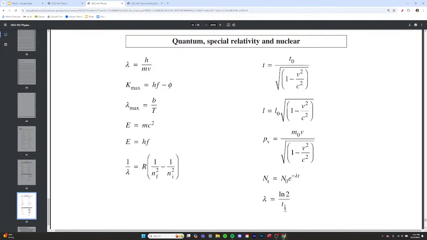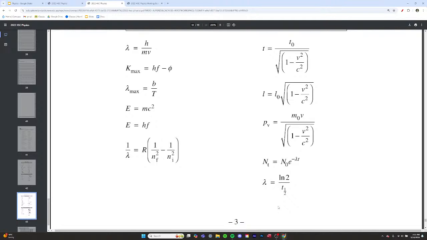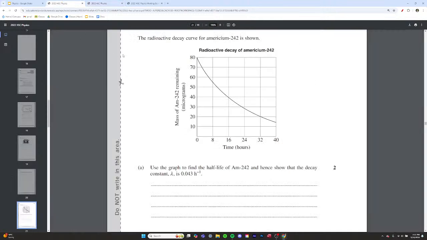Why is there a half? ln2 over 16 hours, which is 16 times 60 times 60 to put into seconds.